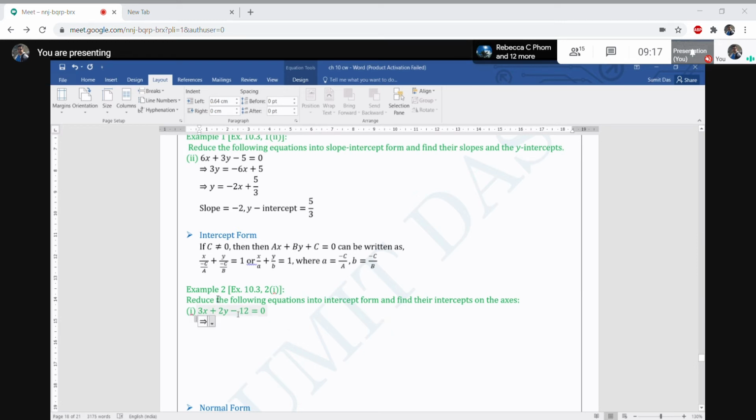First we have to take the constant to the right side, so it will be 3x plus 2y equal to 12.